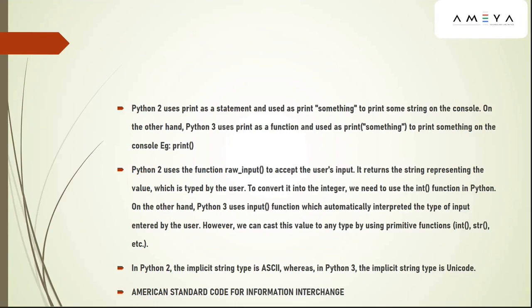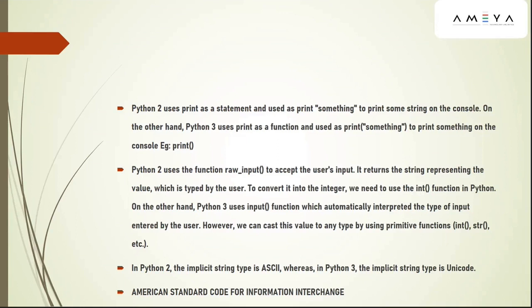Okay, so compared to Python 2, in Python 3 we are using parentheses in the print statement. Second one is Python 2 uses the function raw_input to accept the user's input. In Python 3, we use print with parentheses, and you can give some statements to execute the print statement. But in Python 2, we are using raw_input.